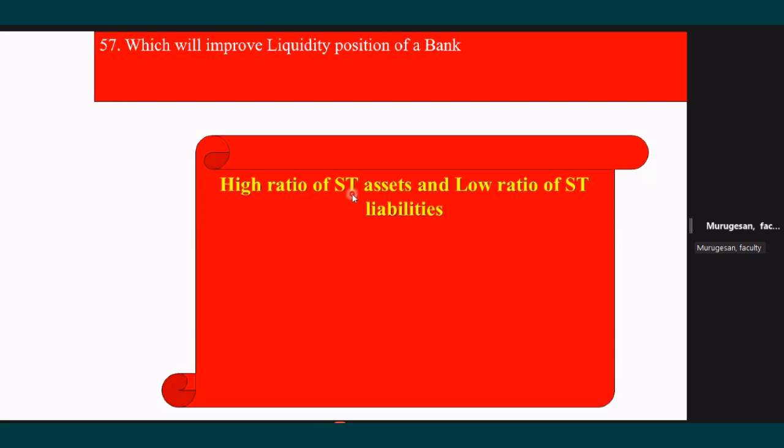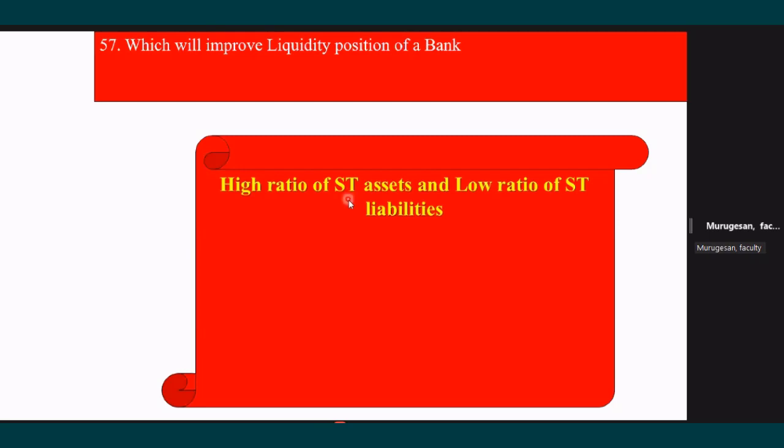Other short-term advances are called what? ST assets. Cash is also in ST assets, or some investment, commercial paper, treasury bills. Treasury bills and all that are SLR securities, which you will not sell, not used for liquidity. But suppose you have invested in commercial paper, it is a short-term investment.